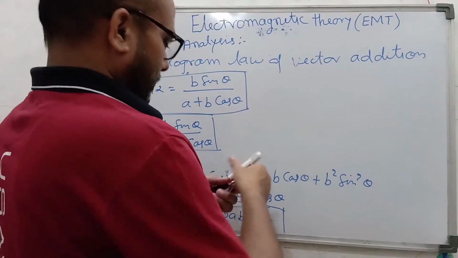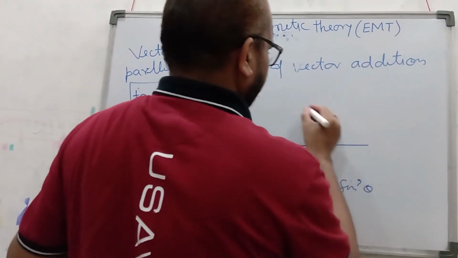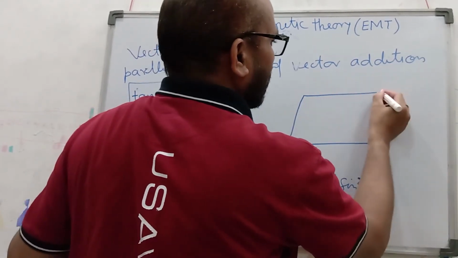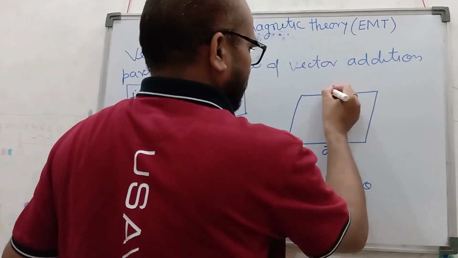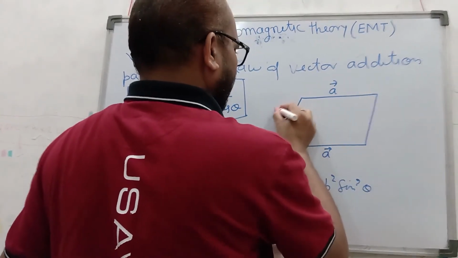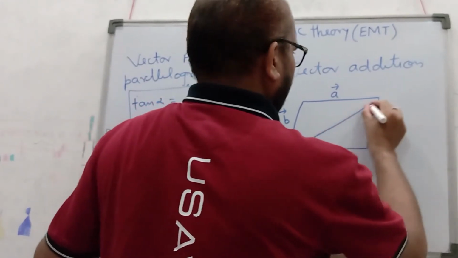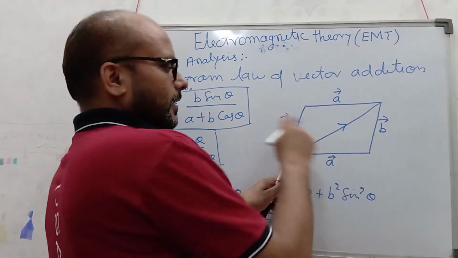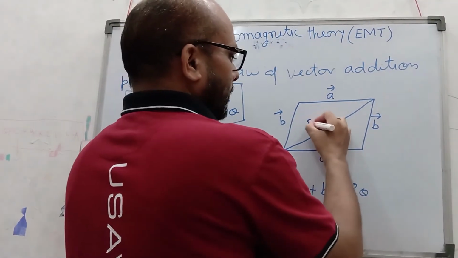Suppose we make a parallelogram here. A and B are the adjacent sides which represent the vectors, and R is the resultant vector.